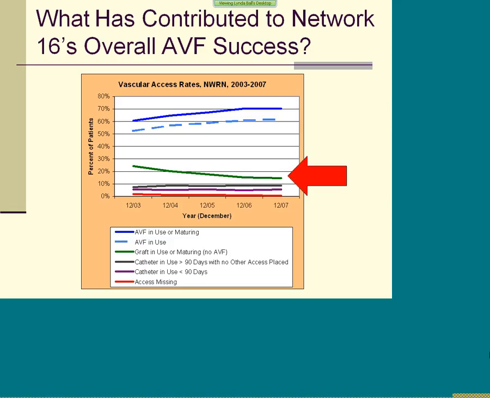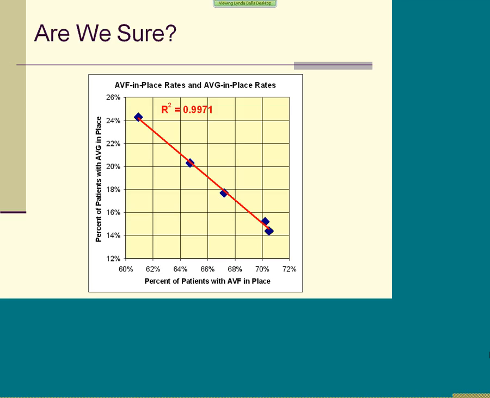And when we look at this, our statistician said we have a 99% confidence that it was because of our decline in AV graft use. And instead, that's what caused our AV fistula rates to go higher.